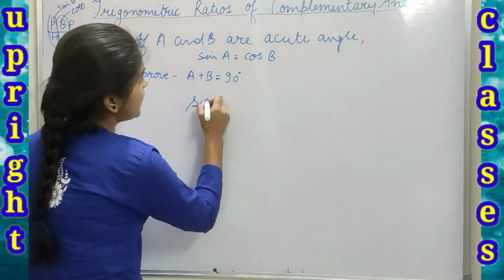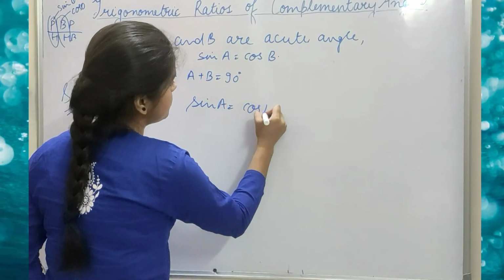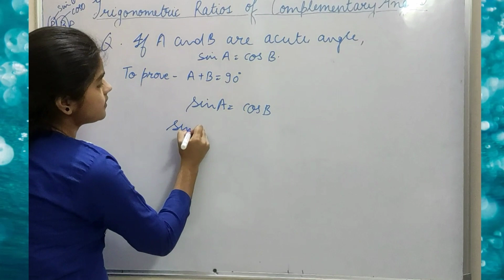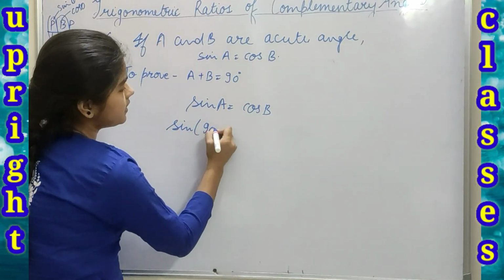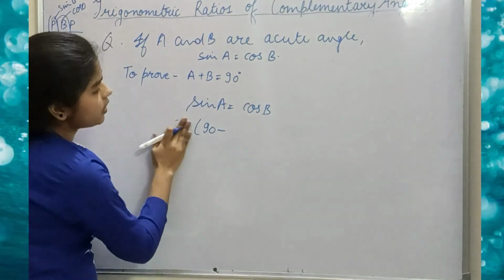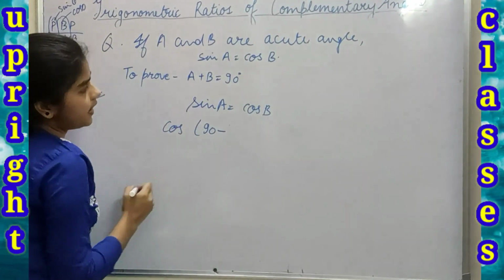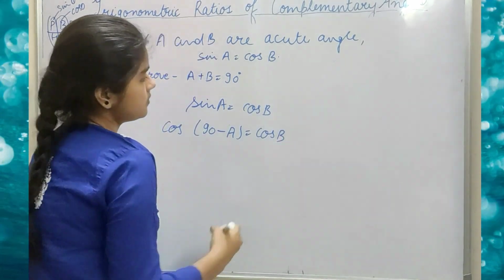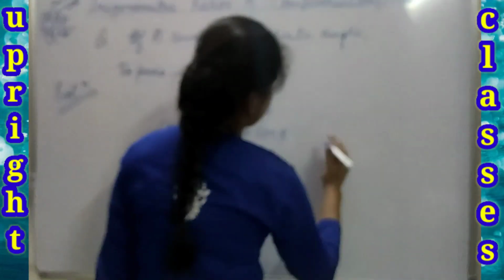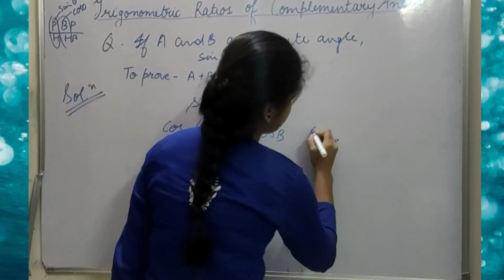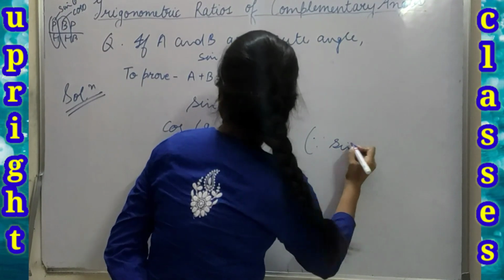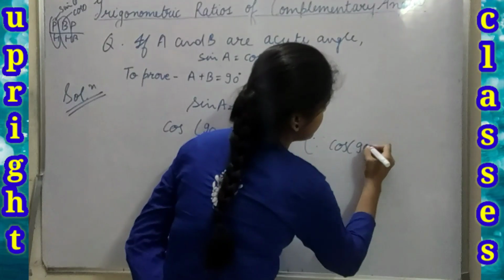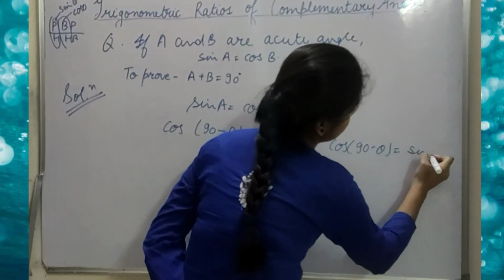As it is already given, sin A is equal to cos B. Okay, so you can write it as cos of (90 minus A) is equal to cos B, as cos of (90 minus theta) is equal to sin theta.